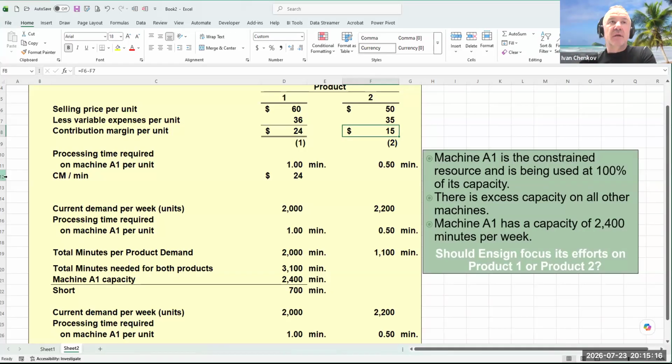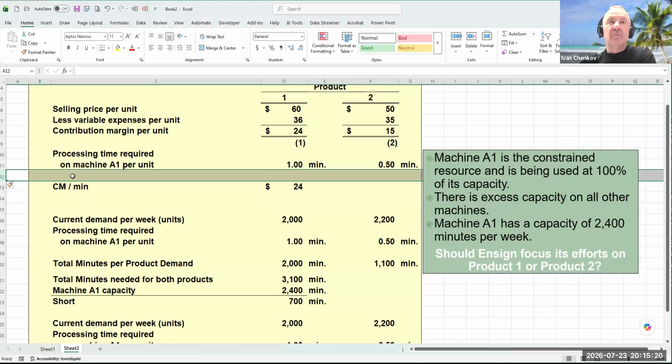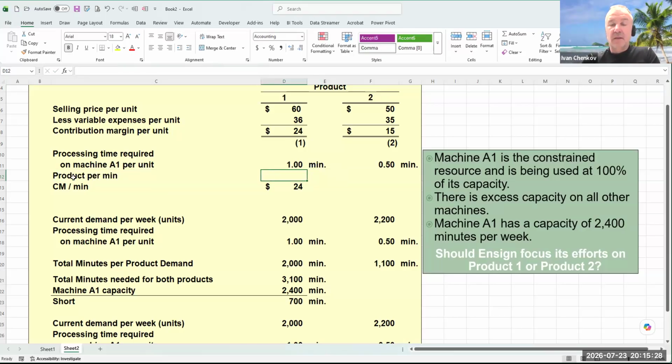So the first one will be one product per minute, and here we can produce two products per minute.